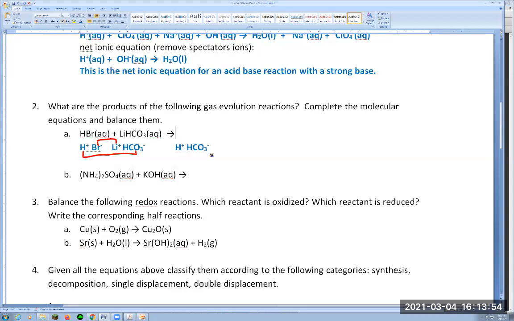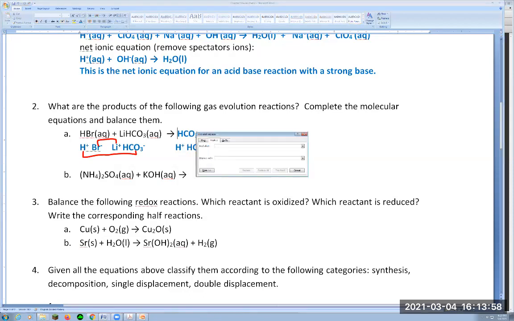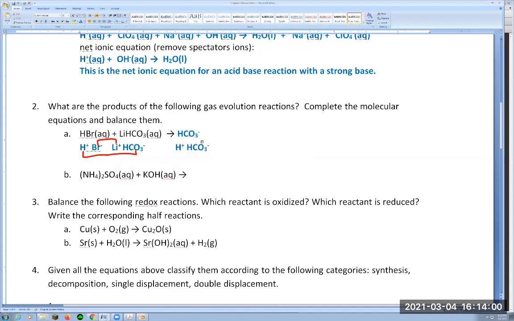The formula looks like the bicarbonate, but with another H in front, which means two H's, and the charge disappears. So we write only one H with a subscript of 2.